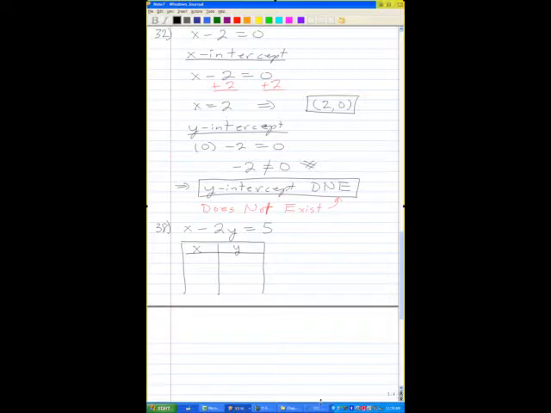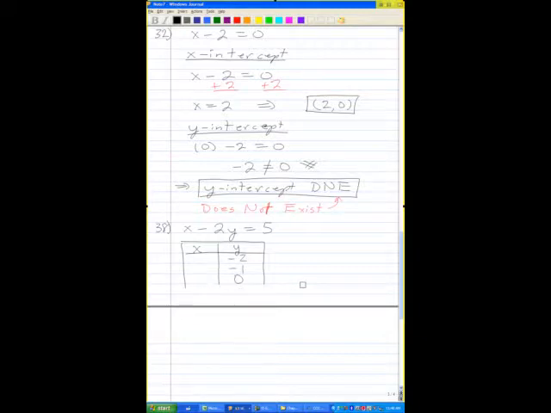Okay. I'm going to have to pick either x's or y's so that I have points on the line. I can either do x's or y's. I'll do y's. And so let's do, let's say, negative 2, negative 1, and 0. Let's do those 3 points.